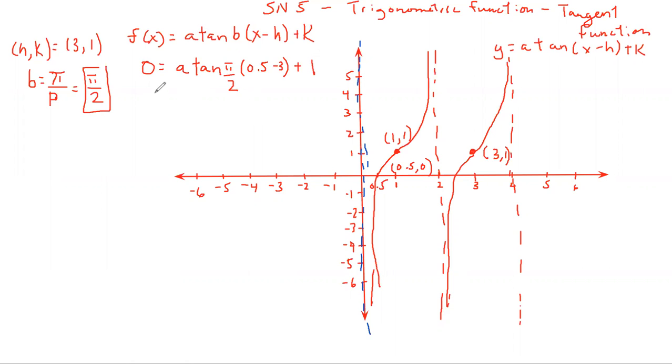Now, when I go to isolate a, a couple of things have to happen. I'm going to have -1 on this side, and I'm going to now have tan of pi over 2 multiplied by 0.5 minus 3, which happens to be -2.5.